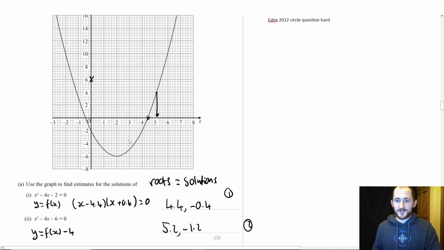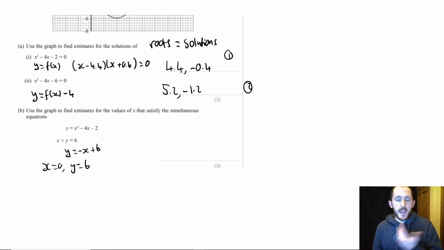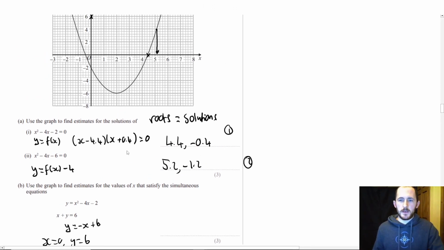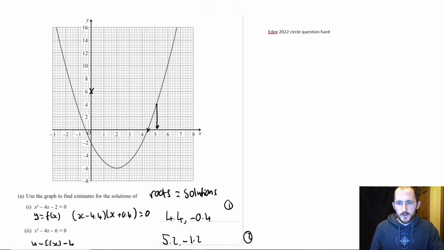This is going to be hard for me to draw, by the way. Then pick any other x value. 2, right? So then y would equal minus 2 plus 6. Again, it doesn't matter what two values you pick, by the way. 2 and 4 would be here. So then you know your straight line.